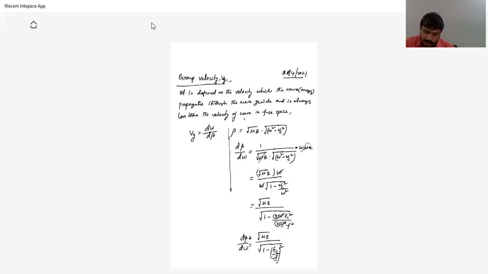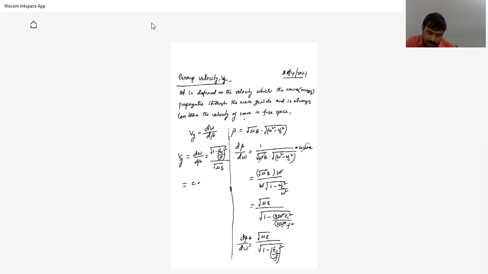Actually what we want in our case is d omega by d beta, so you can invert this. Now our Vg, the group velocity, is equal to d omega by d beta, inverse of this. So you can write root 1 minus fc by f whole square by root mu epsilon. Already we know 1 by root mu epsilon is equal to c.